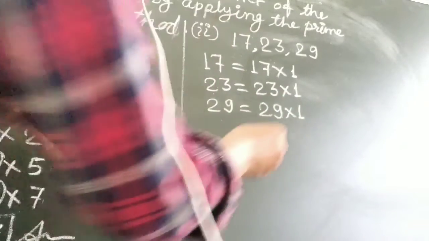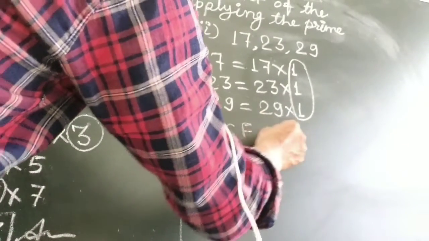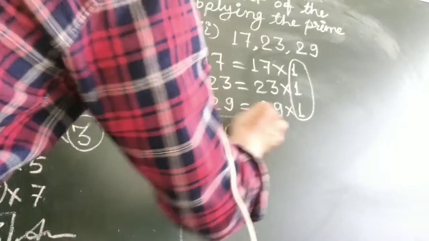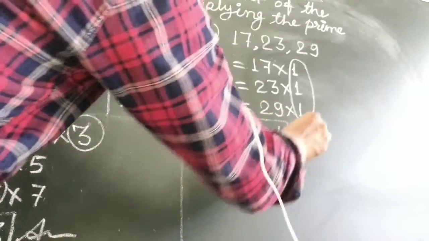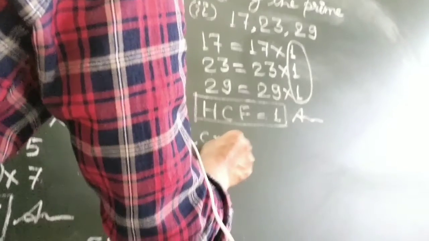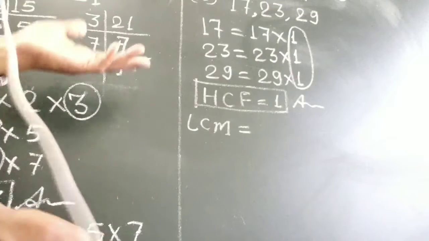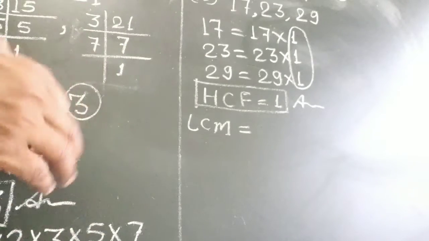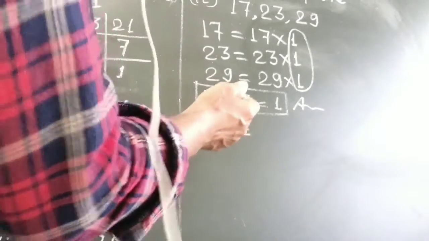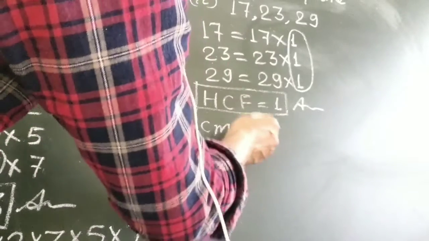So what is common? Common is 1. So HCF equals 1, and the LCM of prime numbers equals the product of these numbers.